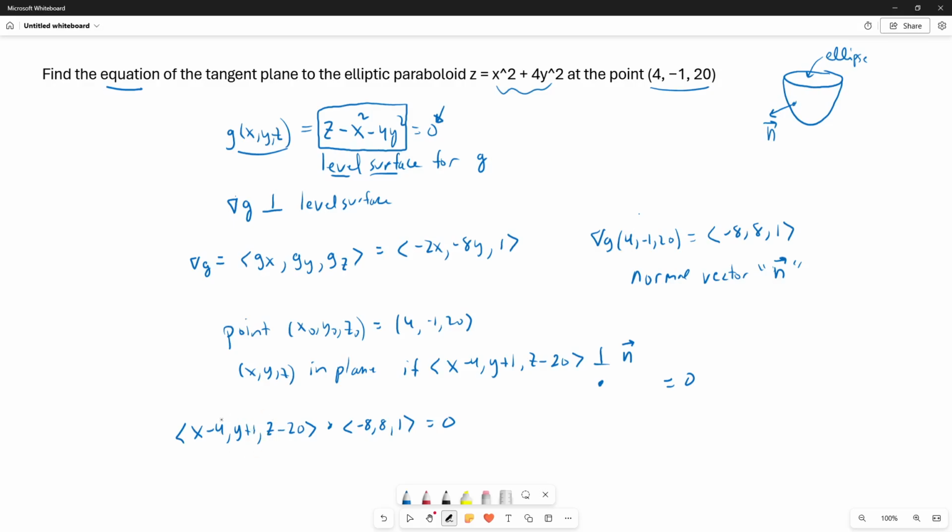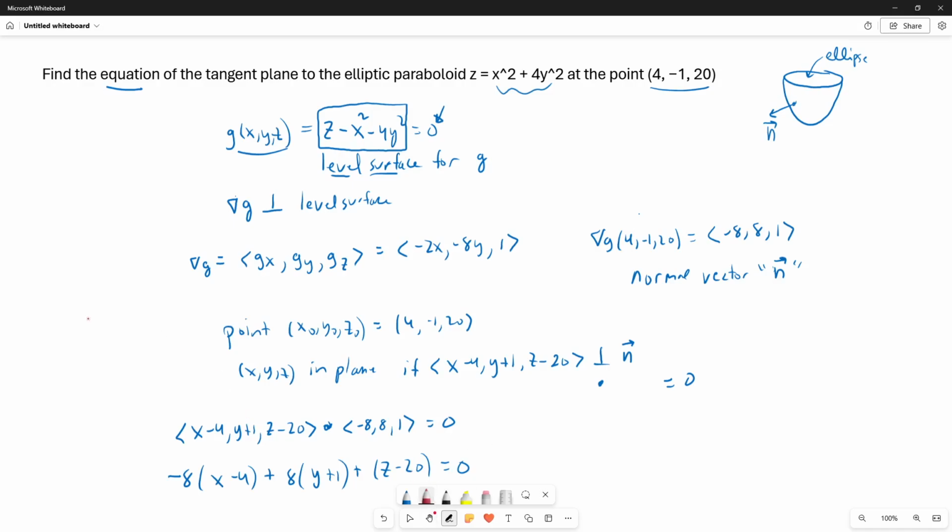This is a vector in the plane, and this is the normal to the plane. And that gives us the equation of the plane: negative 8 times (x minus 4) plus 8 times (y plus 1) plus 1 times (z minus 20) is equal to 0.